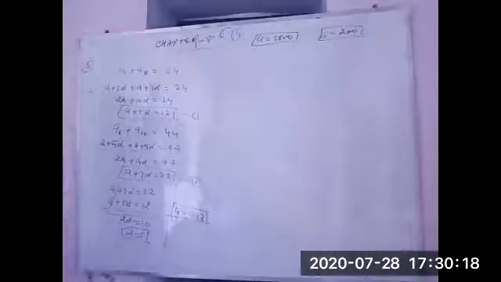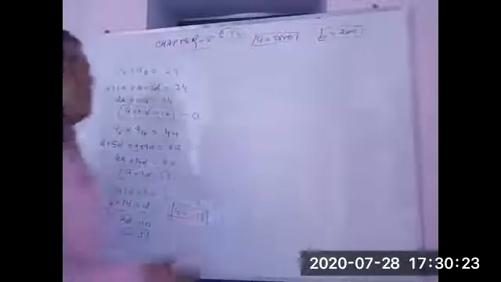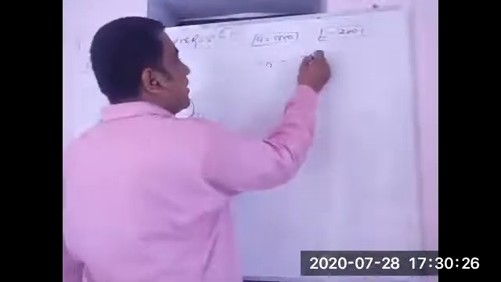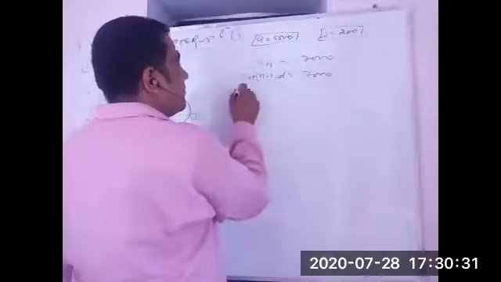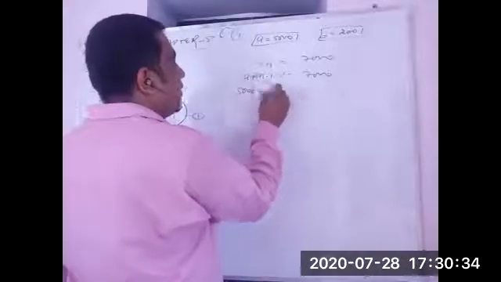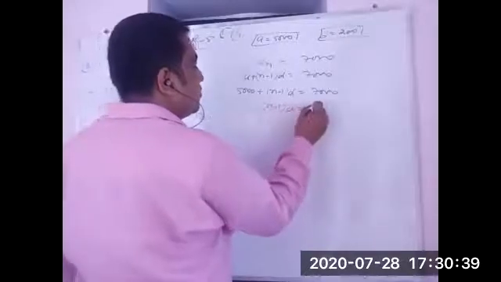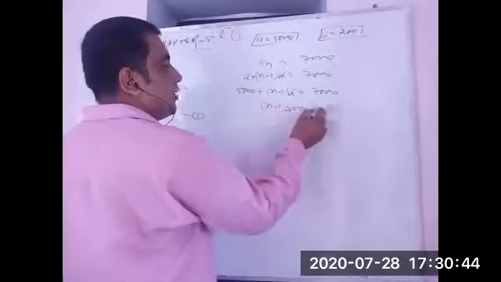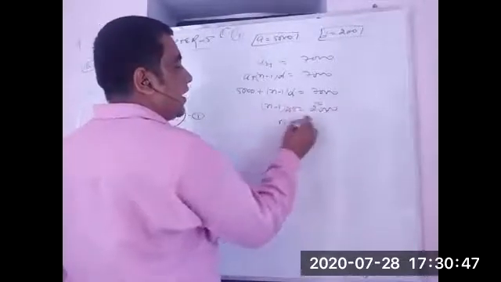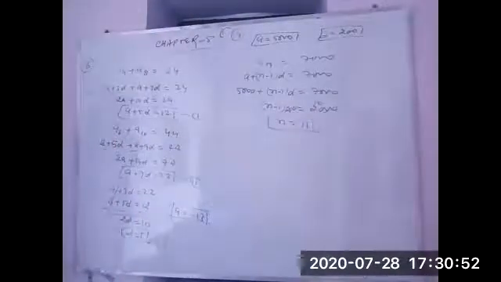And they ask when Subha Rao's salary will be 7,000. Means I can take An equal to 7,000. A plus (n minus 1)D equals 7,000. 5,000 plus (n minus 1)D equals 7,000. (n minus 1)D equals 2,000. And D value is also given, 200. So n is 11. What I can say is that after 11 years, her salary will be 7,000 rupees.